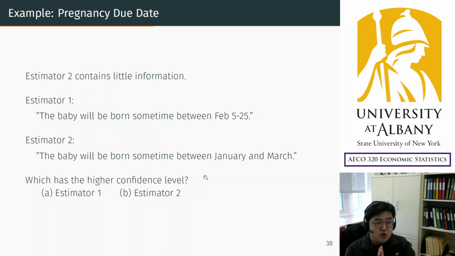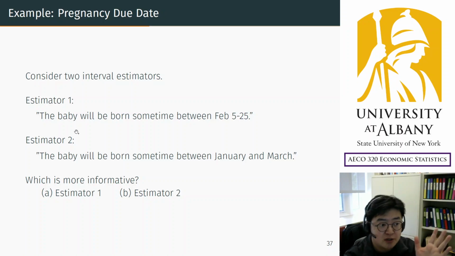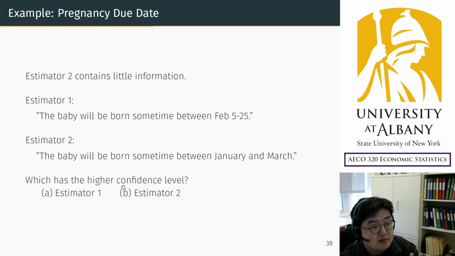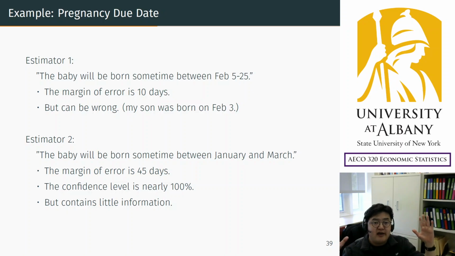What I wanted to show you here is that earlier I said estimator 1 is more informative. So estimator 1 is good in that sense, but that doesn't mean it has a higher confidence level. Of course, the higher the confidence level, the better, but it is not always better. There is a trade-off, right? When you compare these two, the margin of error is smaller for estimator 1. So it is more informative. You can have a better idea: oh, it'll be around here, on this smaller set.